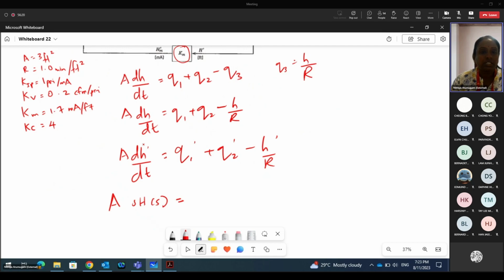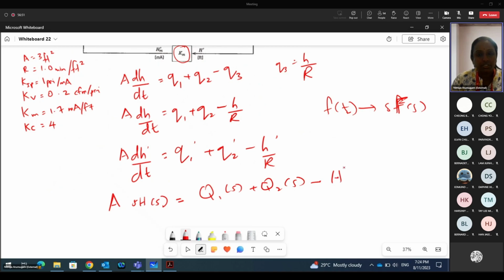Consider this f(t). When transformed to the Laplace transform, it will become F(s). That is the reason for the s here. So here we are talking about level, H(s), equals Q1(s) plus Q2(s) minus H(s) over R.